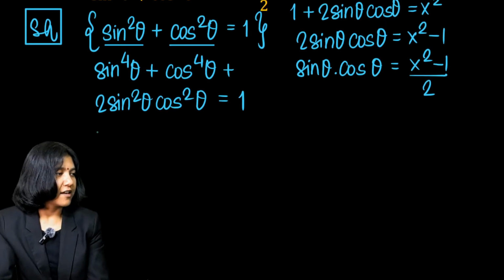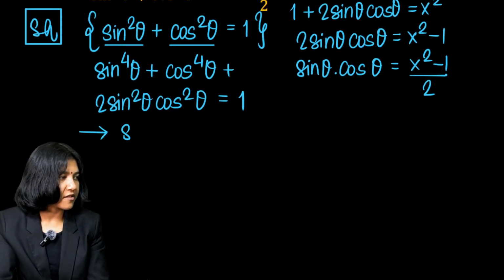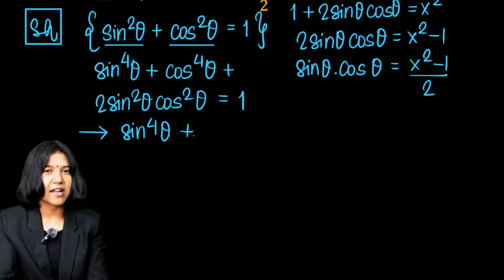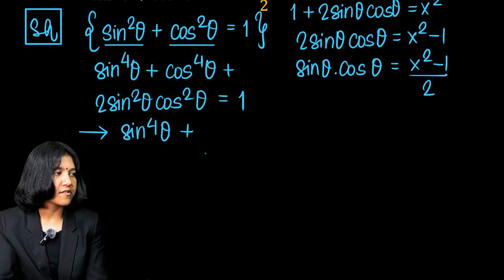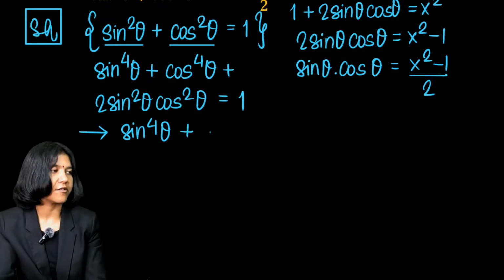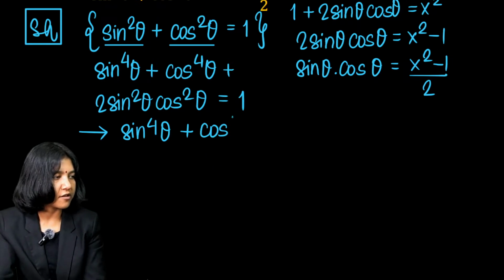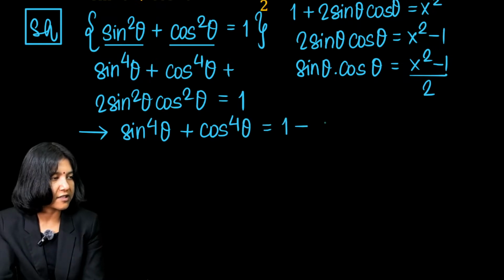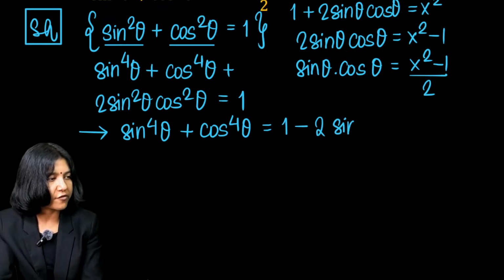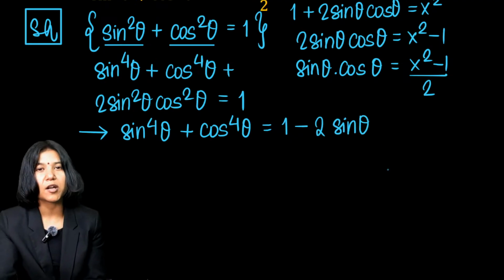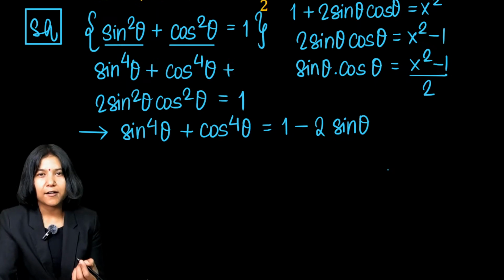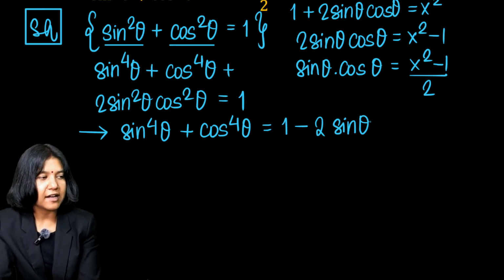Now remember from the previous equation I did get the value of sin theta cos theta, right? So that might be helpful here now, because I might want to take that term 2 sin square theta cos square theta to the other side, make it negative, and because two numbers multiplying have the same power, I can go ahead and write them as a common power.